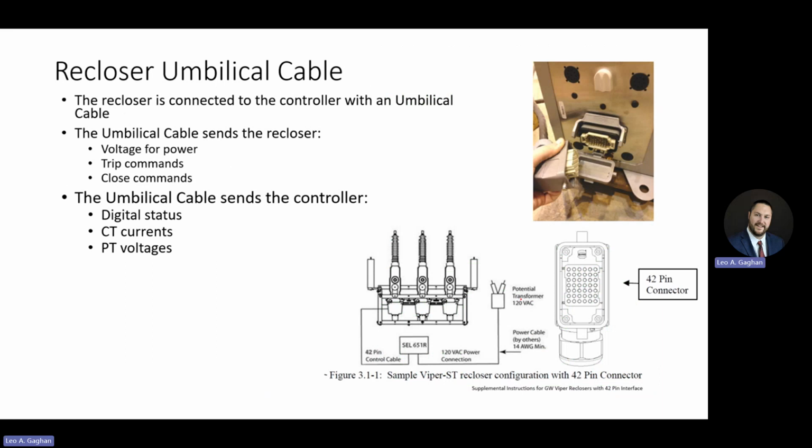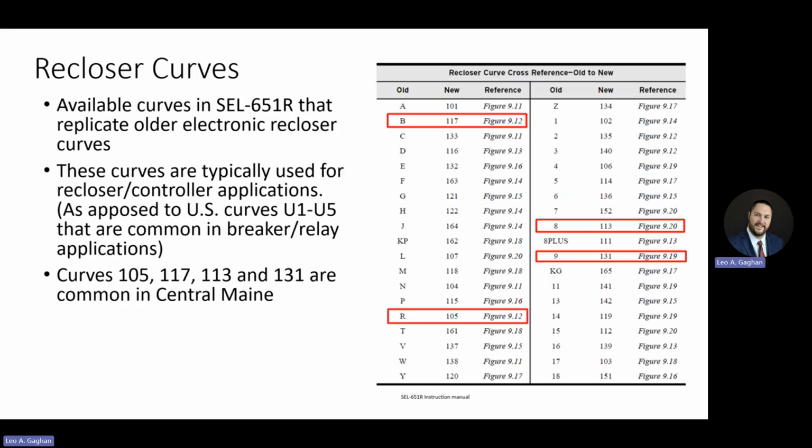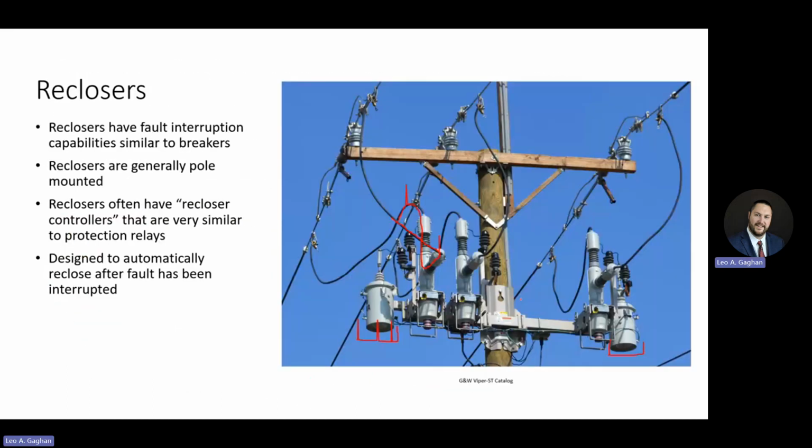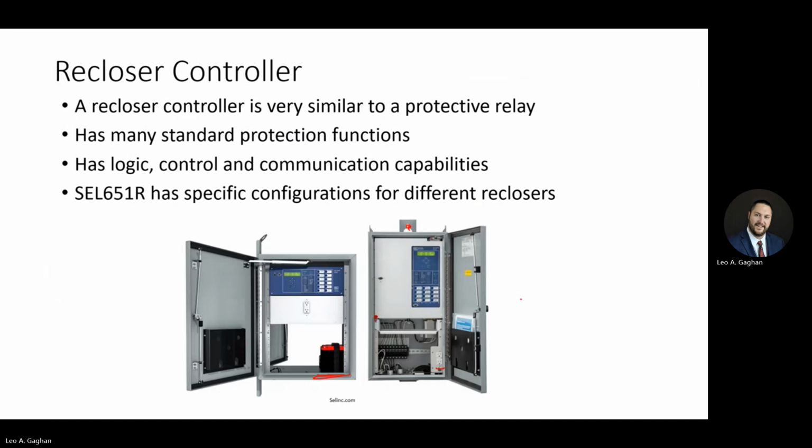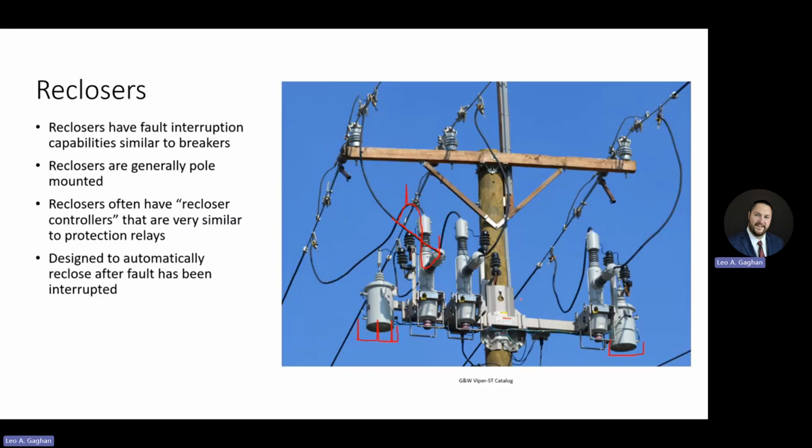So I mentioned before the recloser umbilical cord. That is what goes between our recloser and our recloser controller. It tells us a lot of things, right? It tells us if the recloser is open, if the recloser is closed.